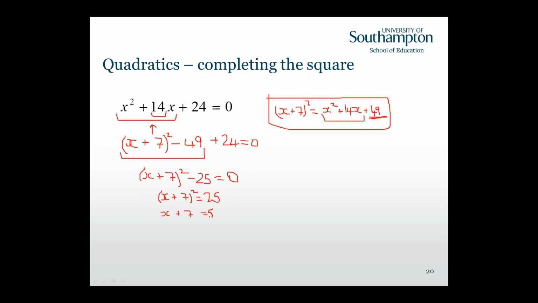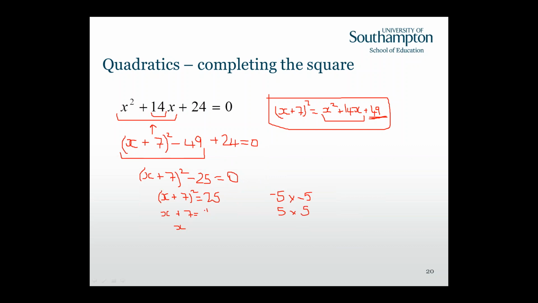When you square root something, when you square root things, you have to think back to the fact that it could have been -5 times -5 to get positive 25, or it could have been +5 times +5.